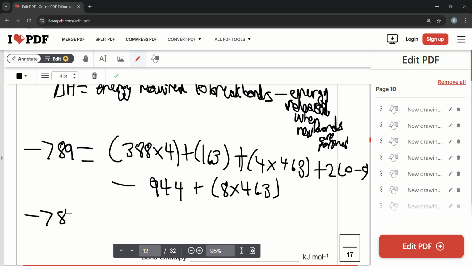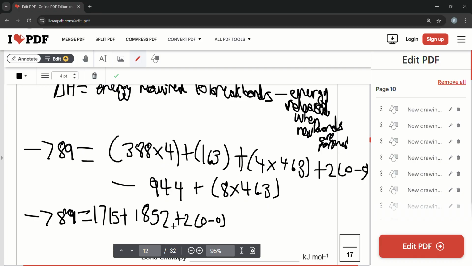And now the hard part here is not calculating it wrong. So 388 times 4, 1552. Plus 163, 1715. 1715 plus 4 times 463, 1852, plus 2 of the oxygen bonds we're trying to find.